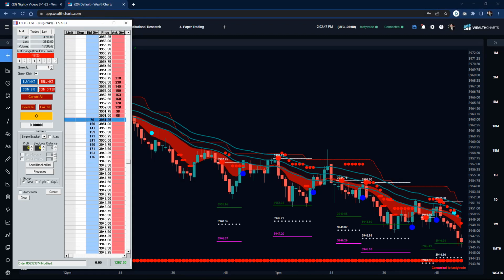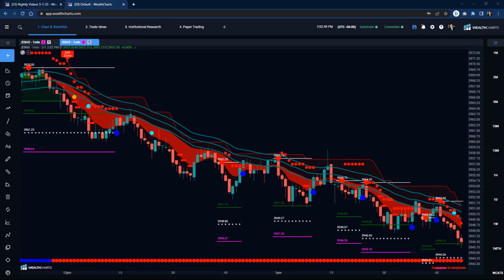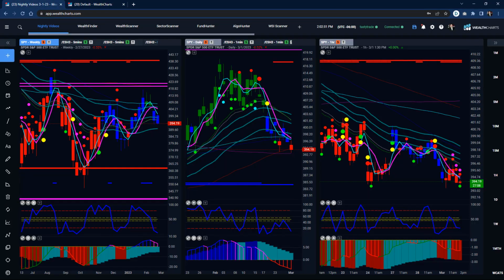With that being said, as we go into what's left of today's session, we've got about 58 minutes left on the cash session. Watching again these key levels on the weekly, key levels here on the daily. Really this 390 to 394 band is a major support on multiple time frames, and we're looking to see if we can break down below that. That could get exciting for further shorting.